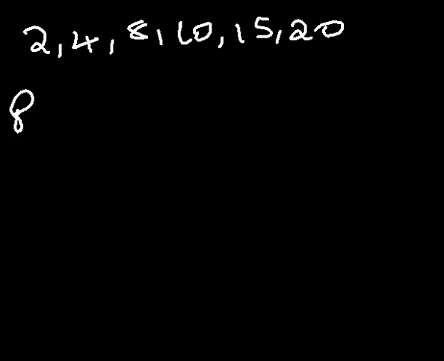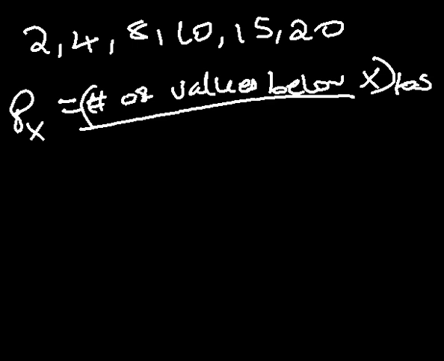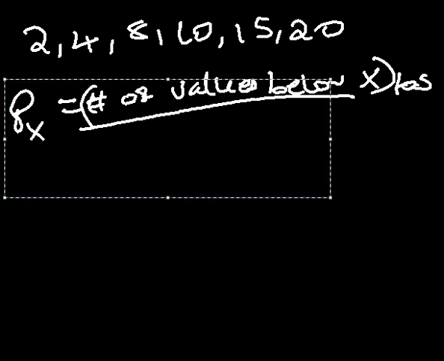So the percentile of the data value x in the data set is equal to the number of values below x, plus 0.5 divided by the total number of values.